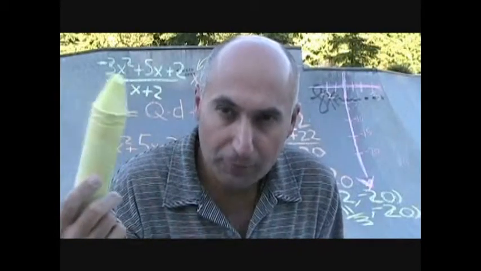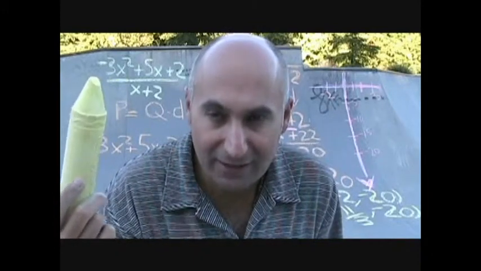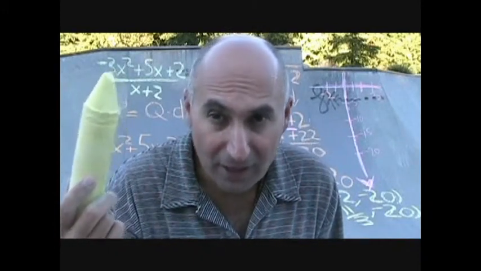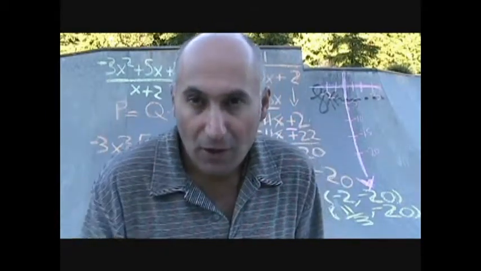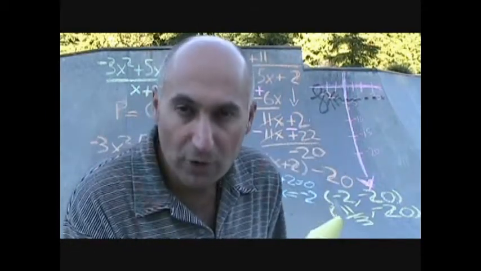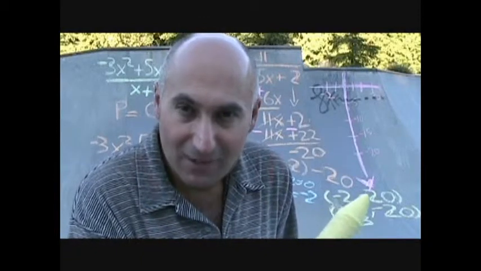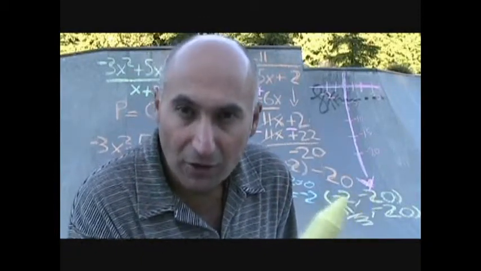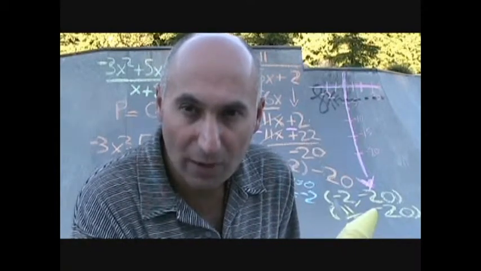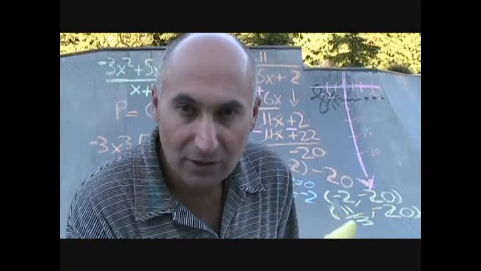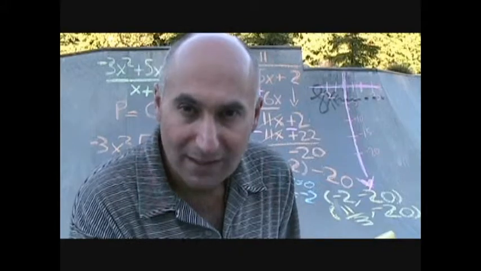For a quadratic, for a parabola, when you got a negative sign here in the front, in the highest order, in front of the x squared, that means the parabola opens down. So what we have for our coordinates is these are 2 coordinates on the parabola. Negative 2 and negative 20. X is negative 2, y is negative 20. When x is 11 over 3, y is negative 20.